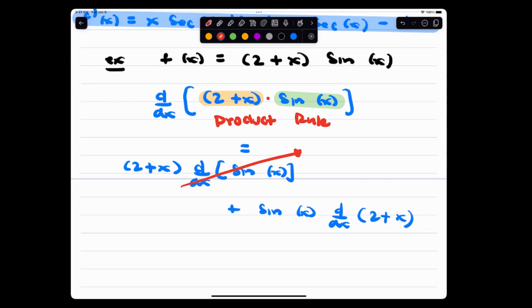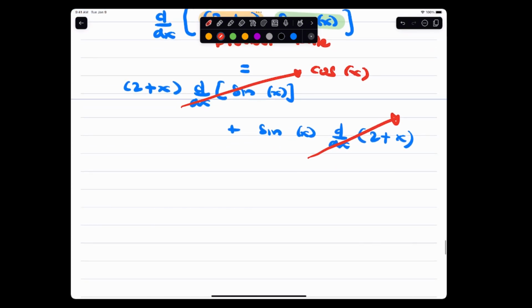What's the derivative of sine? Cosine. What's the derivative of 2 plus x? Is that 1? What if you said, I don't know? Okay, use your properties here then. Derivative of 2 plus the derivative of what? X. Derivative of 2 is 0, and the derivative of x is 1. Is that true?